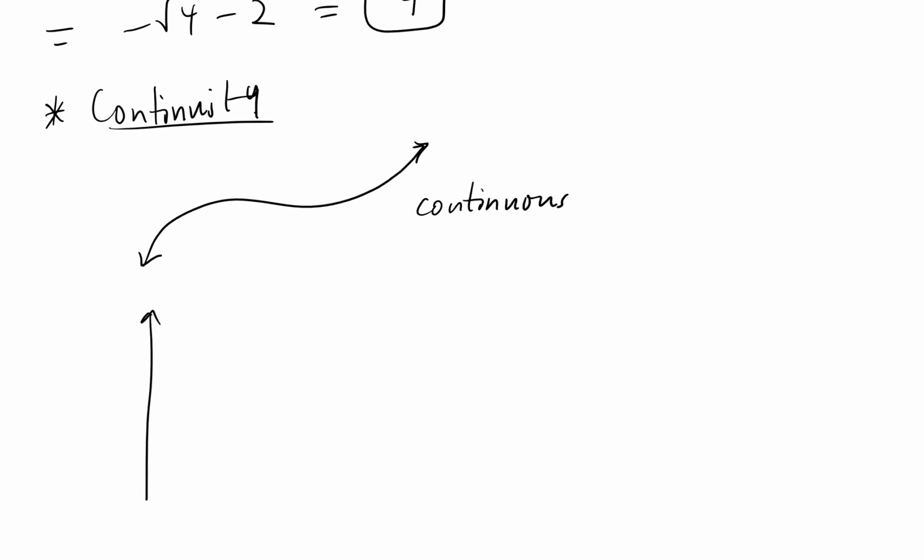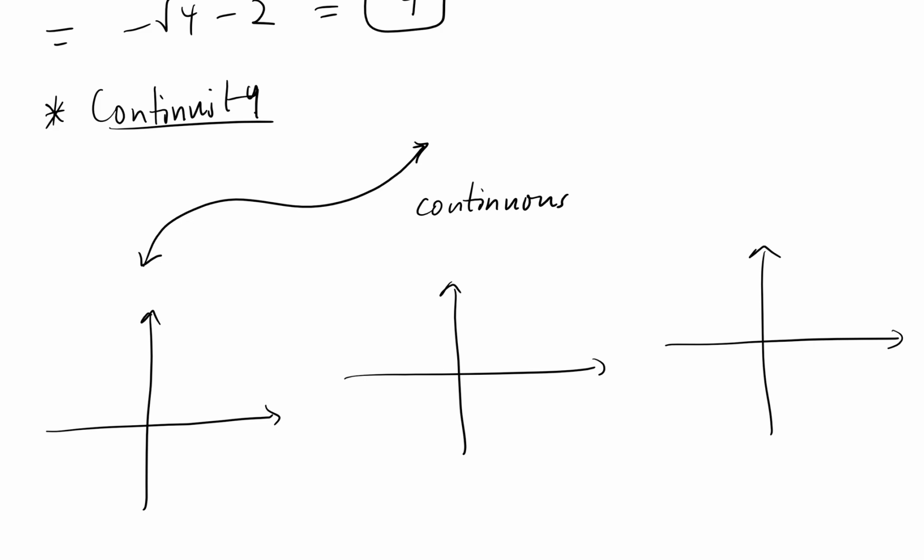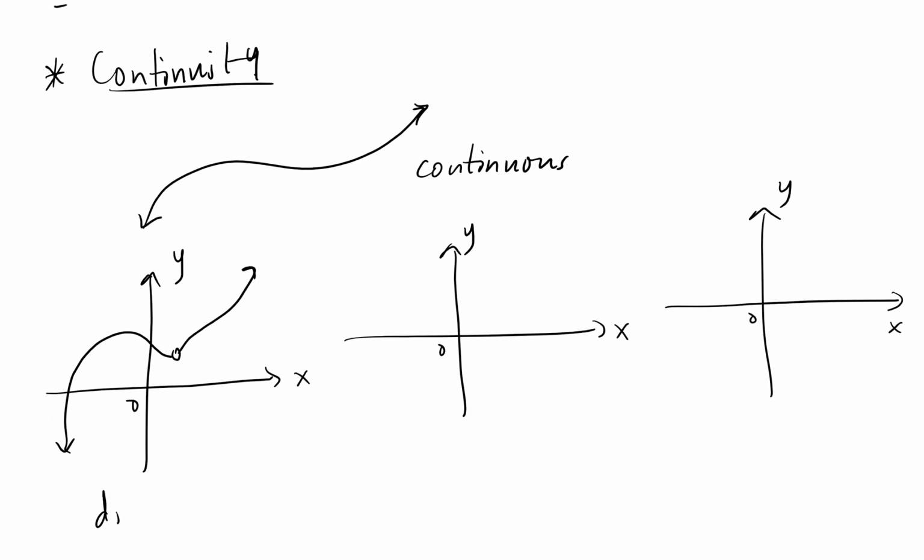What can be examples of not continuous? I'll show 3 examples. On the XY plane, one example can be like this. This is not continuous. We call it discontinuous, because there's a hole there.